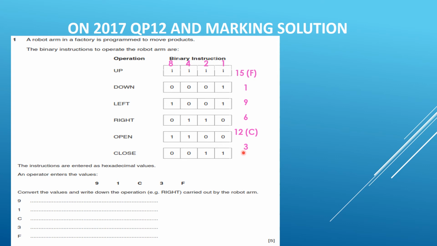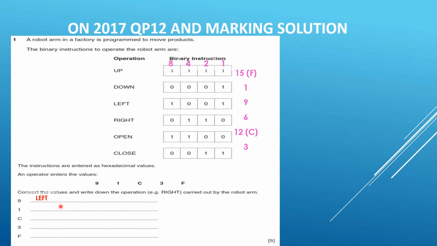So we know these hexadecimal values, and their operation codes are also given here. We simply need to write the operation in front of these values. Now the story is very simple. We need to look in the code for 9. This is the 9, and 9 is performing the operation left. So you will simply write left.